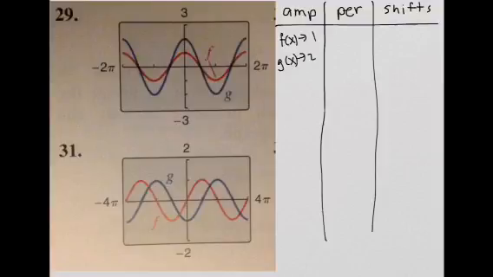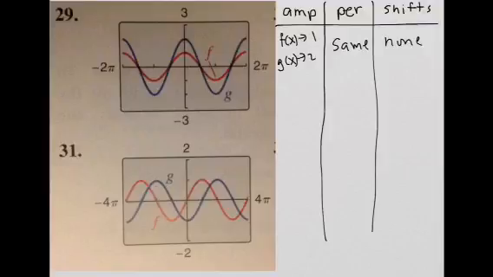The period is the same, because notice how they cross the 0 in the same spot all the way across. I mean, there is no shifting that we can see, because the maximum is the maximum in both, the minimum is the minimum for both, and the zeros are the same for both. So that's it for number 29.